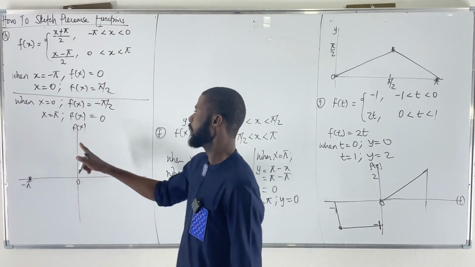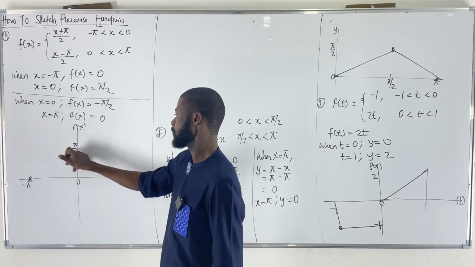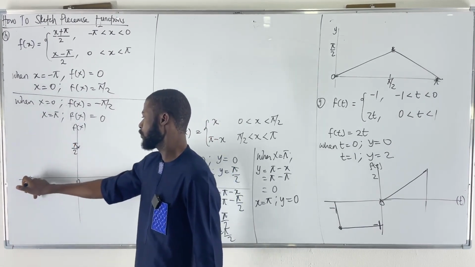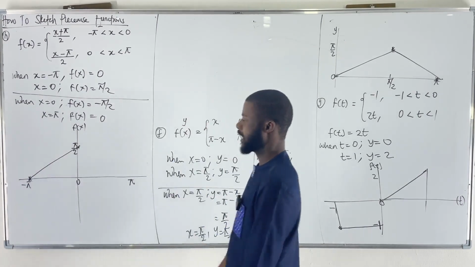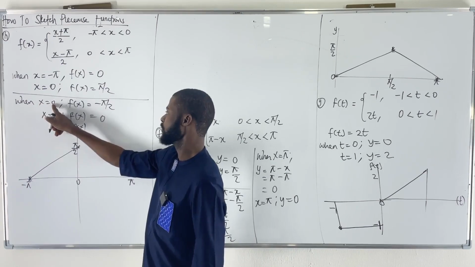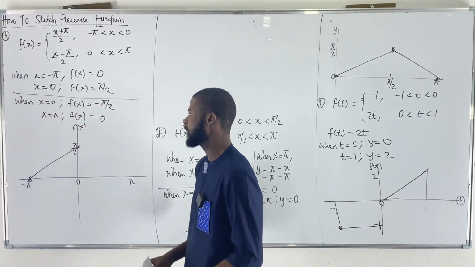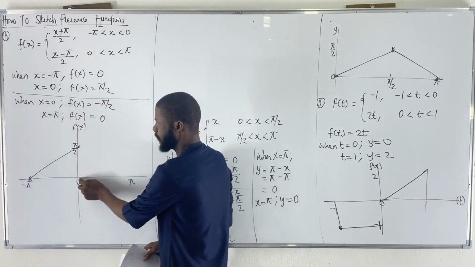X-intercept. Then when x is 0, y was pi over 2. So this is pi over 2, this point here. So these two will be joined together. Then the next one is when x is 0, f of x was minus pi over 2. Now this is 0, right?